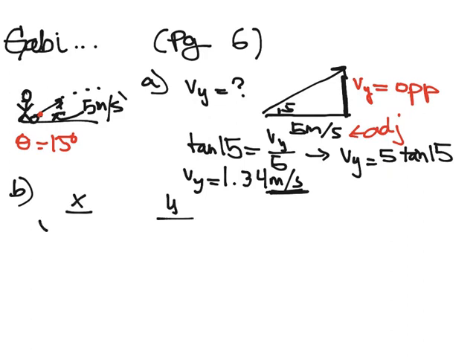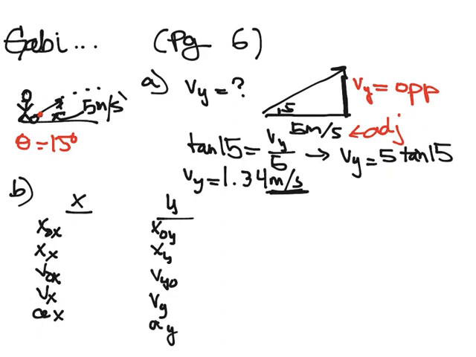So I'm going to have x naught, x, v naught x, vx, ax, and then y naught, y, v naught y, vy, and ay.